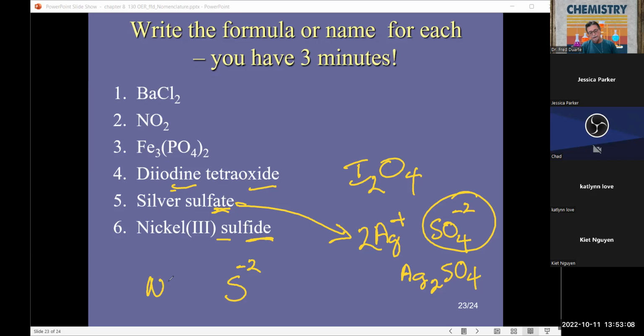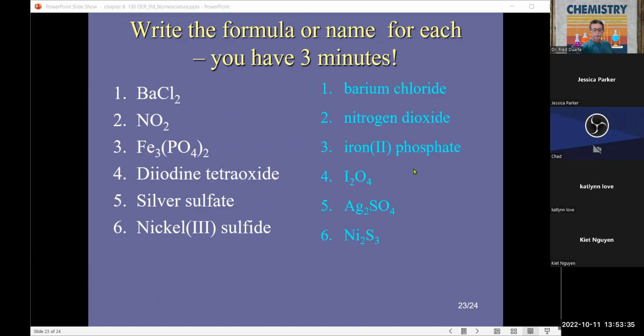Nickel, in this case, is a +3 because you're being told that it's a Roman numeral 3. So now I have a dissimilar charge, so I need a common number, which would be 6. I need 2 nickels and 3 sulfides, so that becomes Ni2S3.